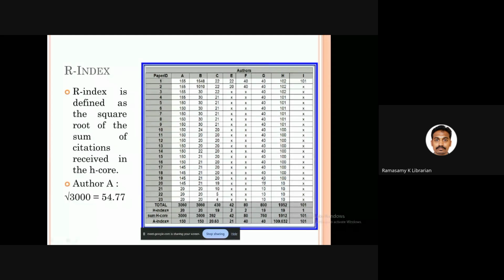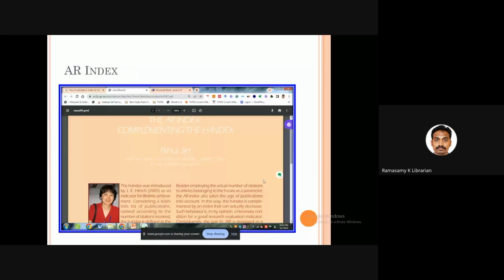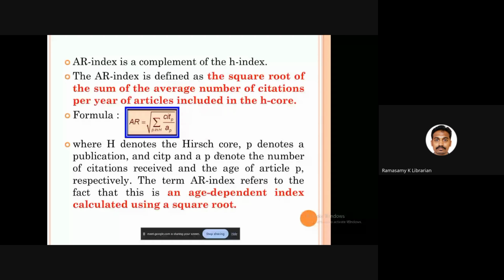So very simple, you can calculate the R index of this particular author. Then the same Bihu Jin has introduced another index called AR index, which goes this way. Very simple. You have to find the average number of citations, then calculate the total of all the averages, then you calculate the square root of the articles in the H core, that is called AR index.